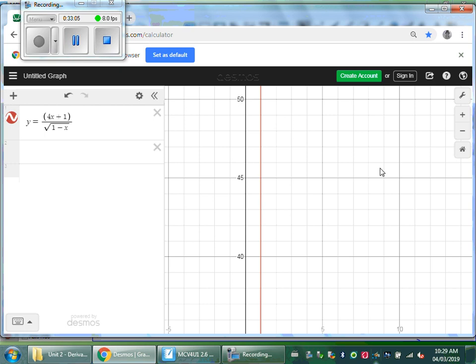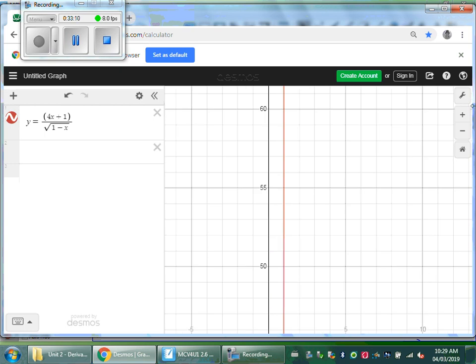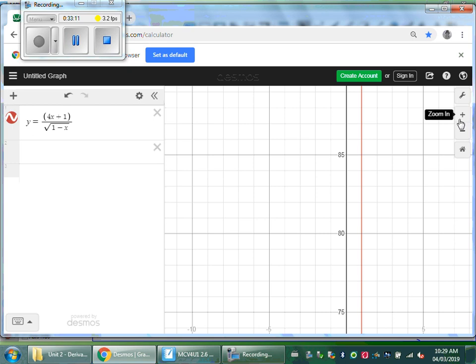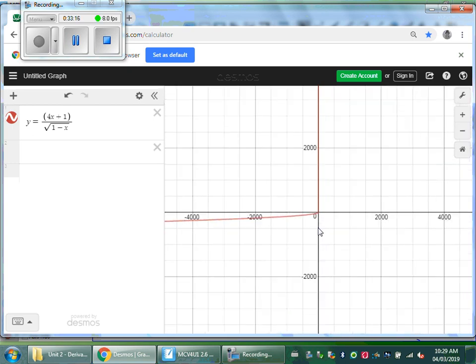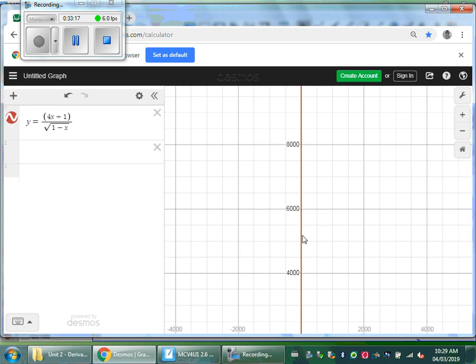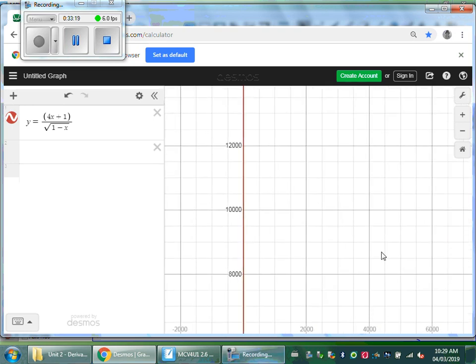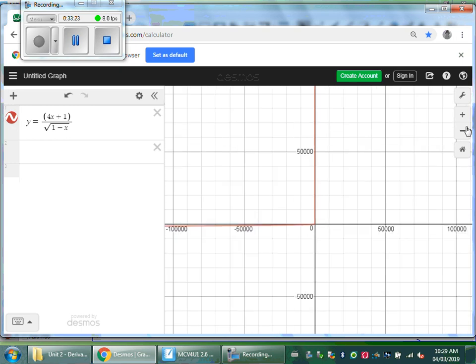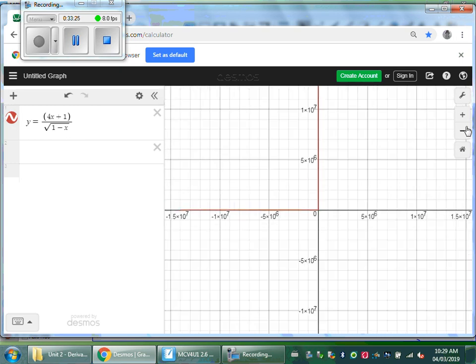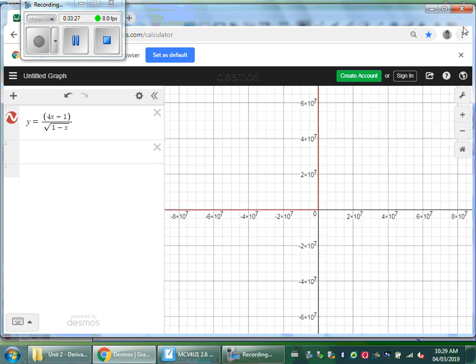Okay, it's super high up here, that's the problem. This was a bad decision. I don't know why it's not showing me.